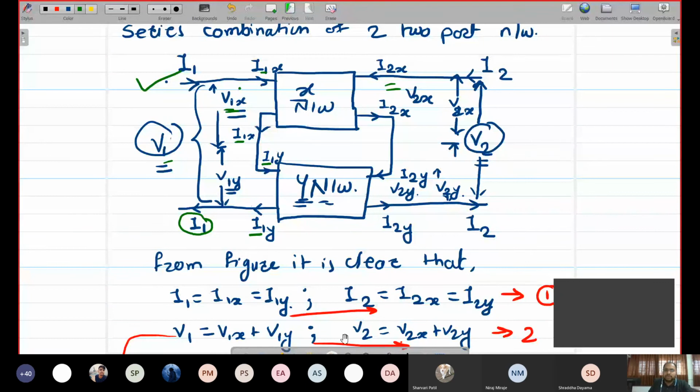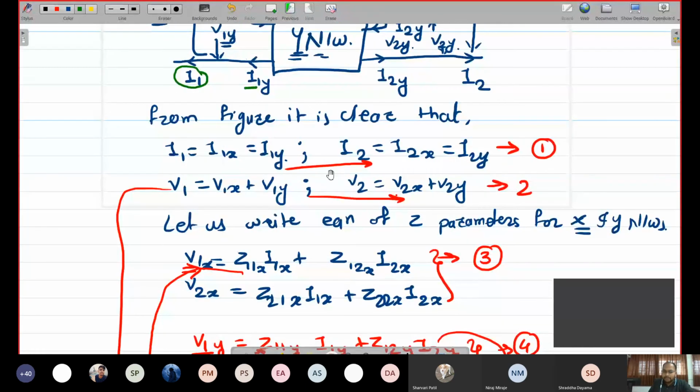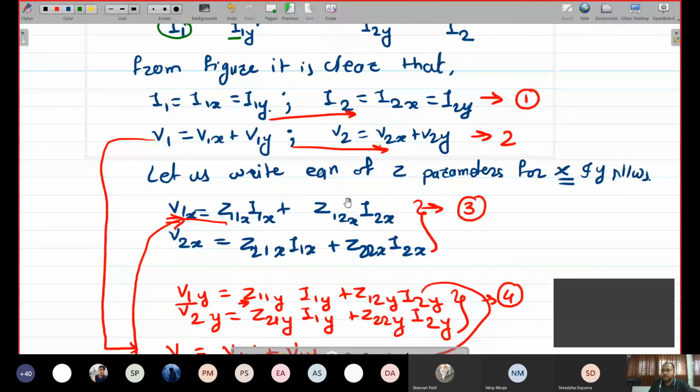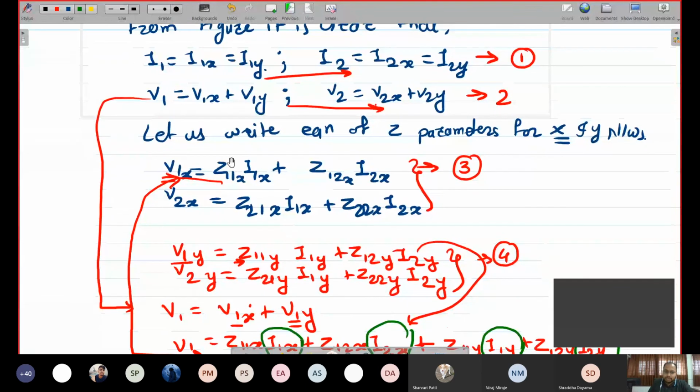So from the figure, it is clear that the currents are equal and the addition of V1X and V1Y is equal to V1, and V2X and V2Y add up to V2, right? And finally, we have written Z parameters for the X network and Y network. Is that fine? So these are the equations of Z parameters for the corresponding X network.